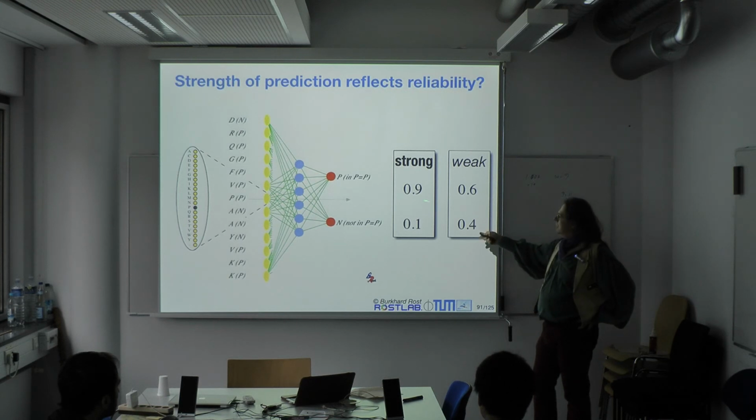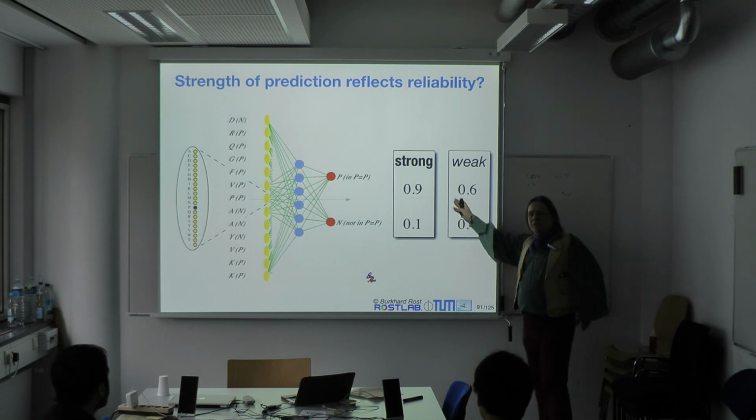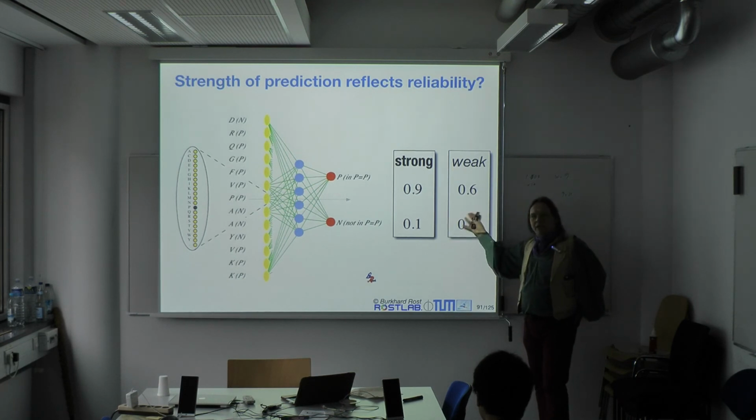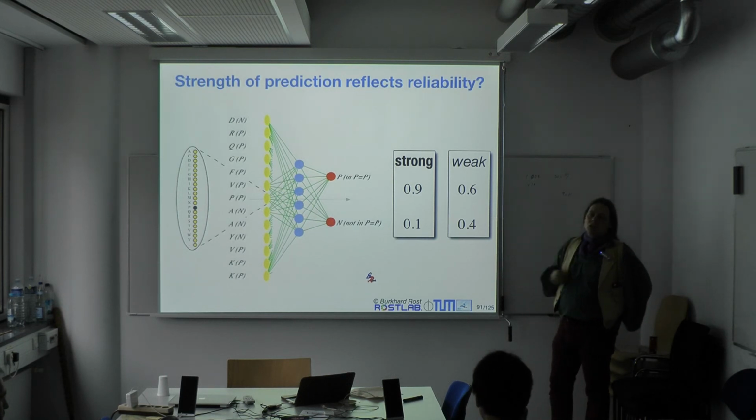This is strong and this is weak. In both cases the decision threshold, say 0.5, is exceeded, but here the decision is much stronger. This is a reality in machine learning that you should always use and calibrate to work for you, because it provides some strength of the prediction.